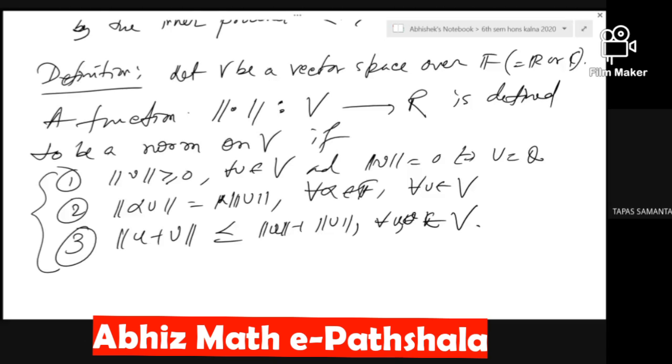So this is a general concept. Any function from a vector space V to R, if it satisfies 1, 2 and 3, then we call this function a norm function, or for each vector v, norm v will be called the norm of the vector v.